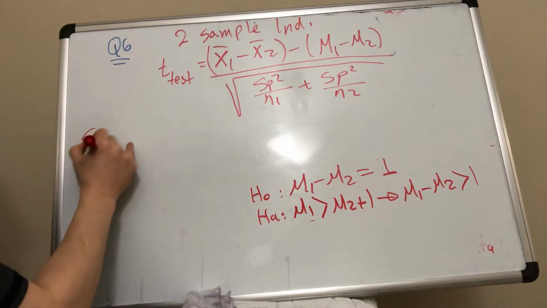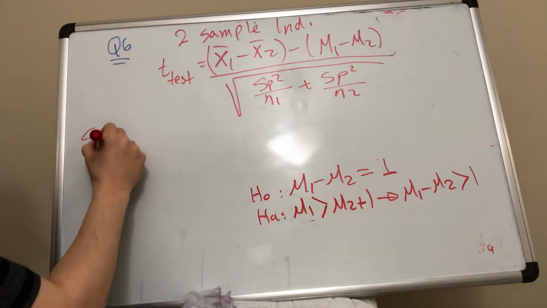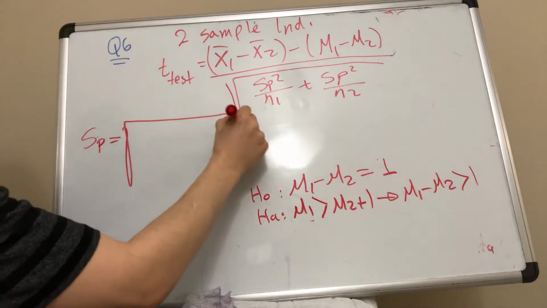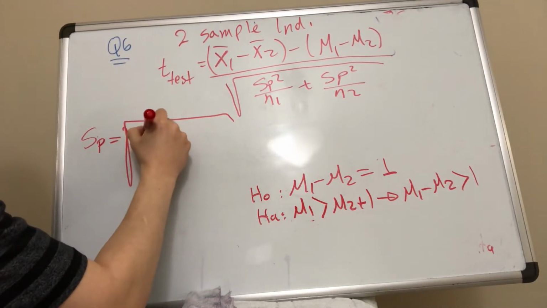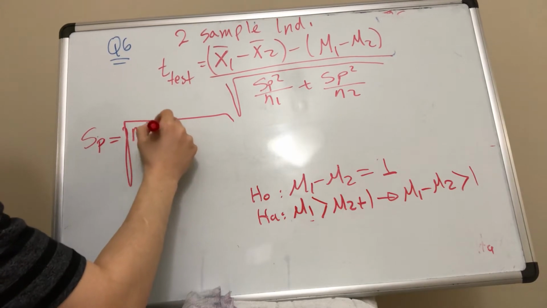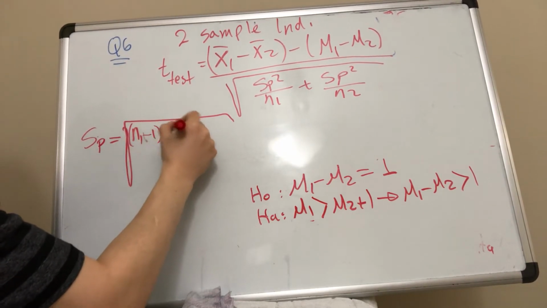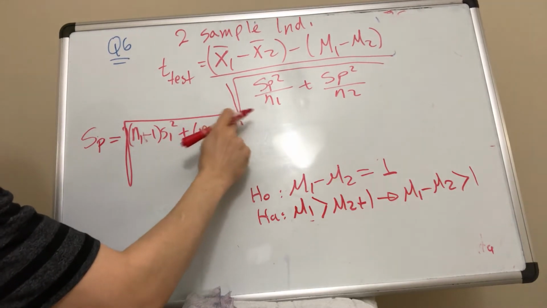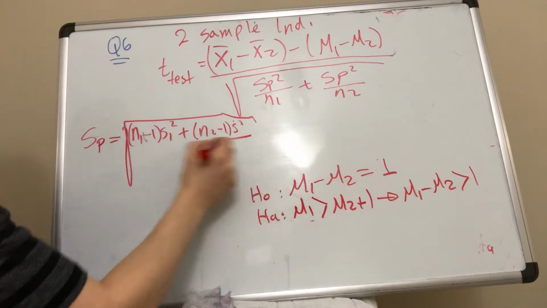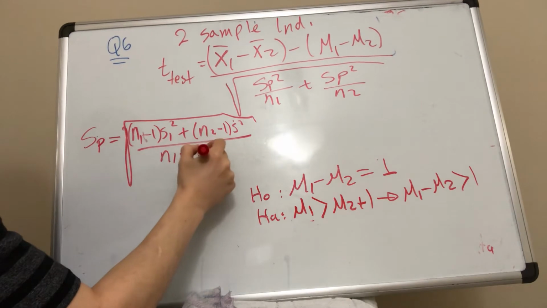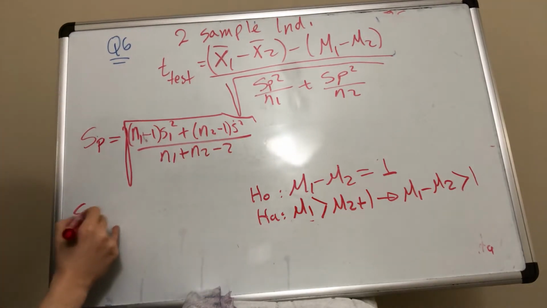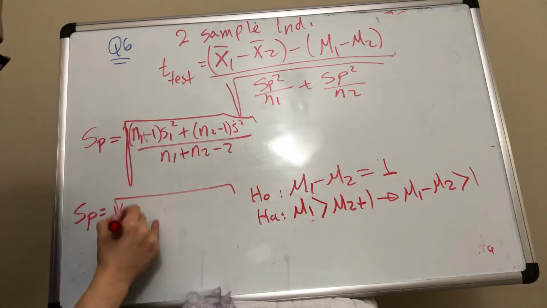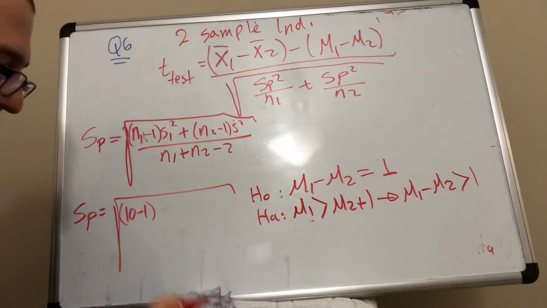It's called the pooled standard deviation. sp is the square root of (sample 1 minus 1) times standard deviation 1 squared, plus (sample 2 minus 1) times standard deviation 2 squared, over sample 1 plus sample 2 minus 2. First sample is 10, so it's 10 minus 1.